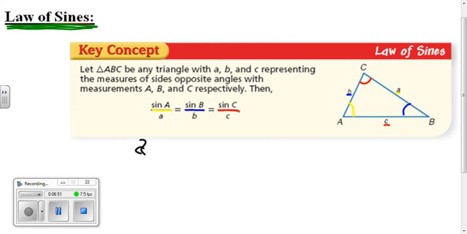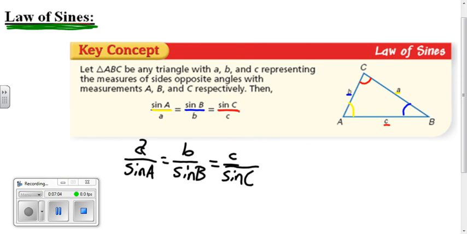You could say a over sine A equals b over sine B equals little c over sine C. Both of those are true representations of the law of sines.